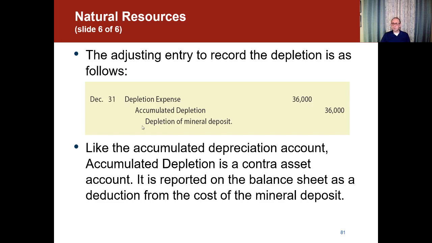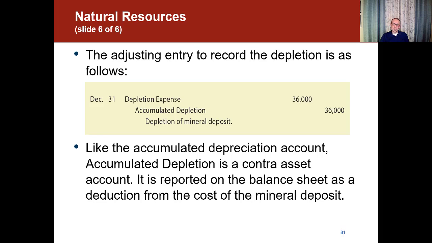So how does the adjusting entry look? The adjusting entry to record the depletion would be debiting the depletion expense and crediting the accumulated depletion, and again we use the $36,000 that we just calculated. Like the accumulated depreciation account, accumulated depletion is a contra asset account. It's reported on the balance sheet as a deduction from the cost of the mineral deposit.